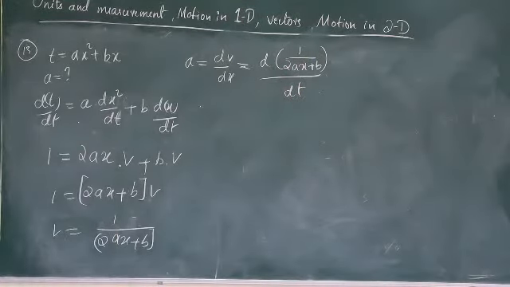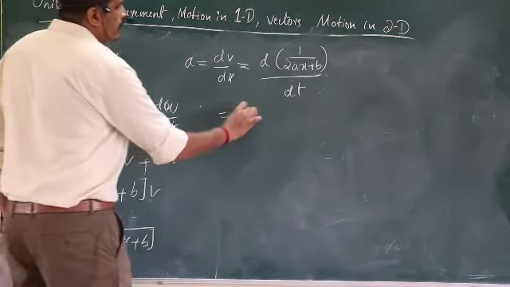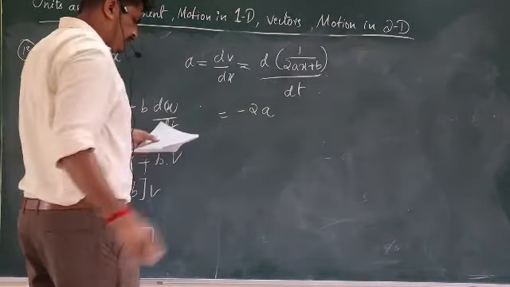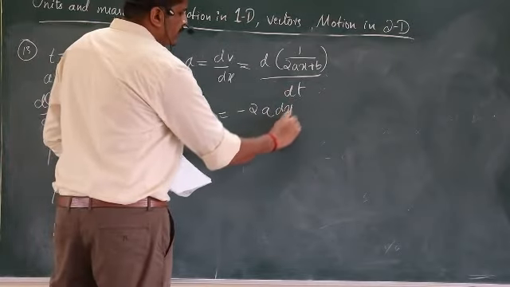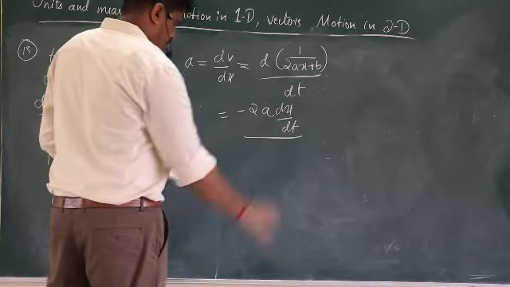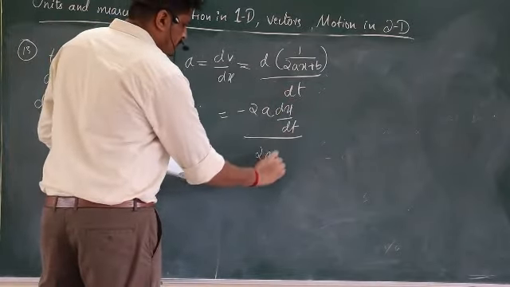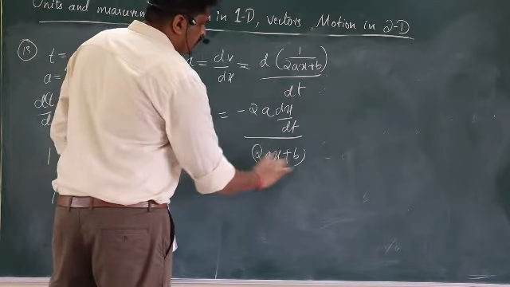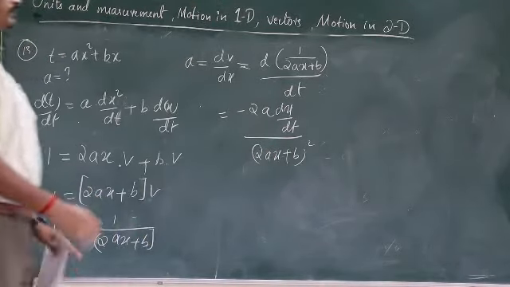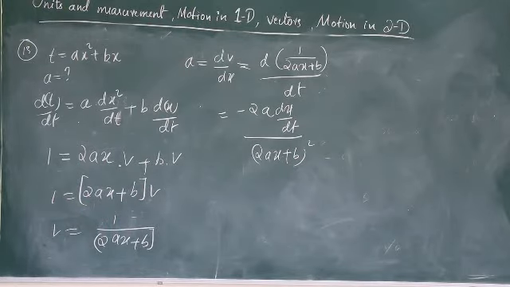Yes, you are good in differentiation because you have learned that. So the answer will be minus 2a into dx by dt, correct? Just check. Thereafter it will be 2ax plus b whole square. You are following the product rule.